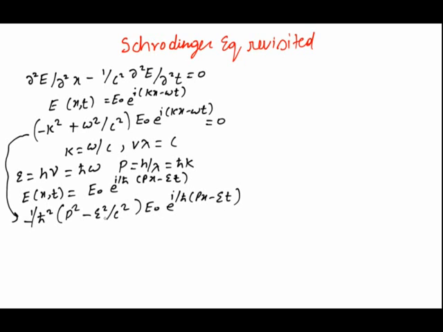The bracket gives us that E square equals p square c square. Nothing surprising. We know that this is how a photon, which has zero rest mass, behaves: energy is given as pc.